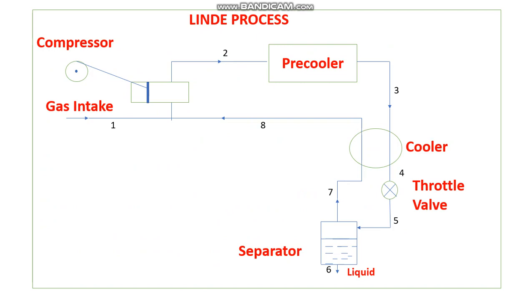That means from the pre-cooler, it enters the cooler and then the throttle valve. From there, the gas is liquefied and enters the separator where the liquid is separated and the remaining gas is recycled back to the compressor. In this way, the gas is liquefied by the Linde liquefaction process. Here we use a throttle valve for the expansion.